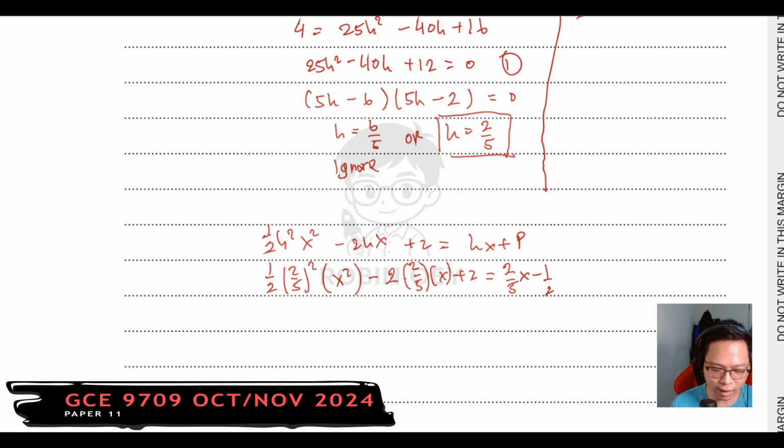The next thing is we open the bracket and everything. So we have half times 4 over 25 x squared minus 2 times 2 is 4 over 5x plus 2 equals to 2 over 5x minus half.